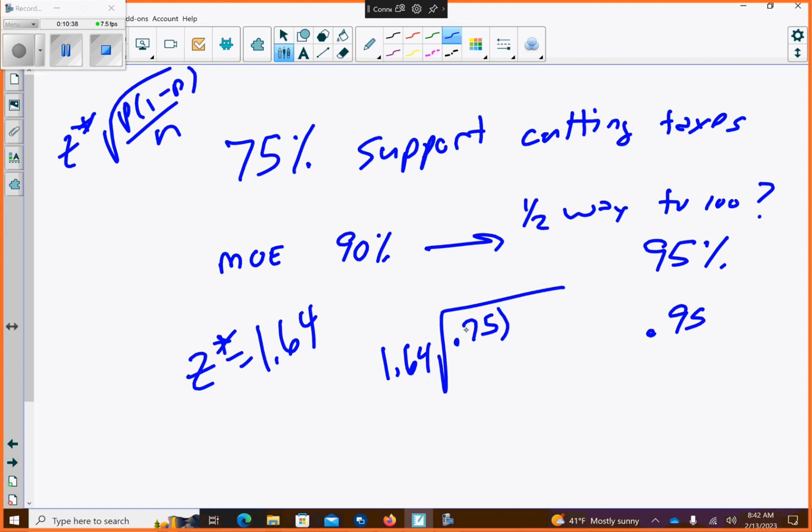And then we're going to go times 0.25, because 1 minus 0.75. And then they said they use a random sample of 60 people, so divided by 60. So if we plug that all into Desmos, it should work out nicely for us.